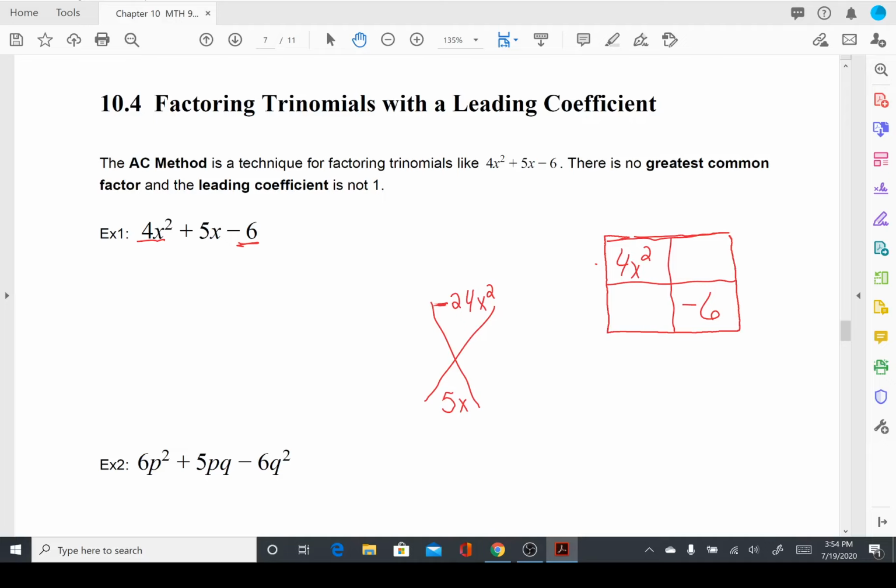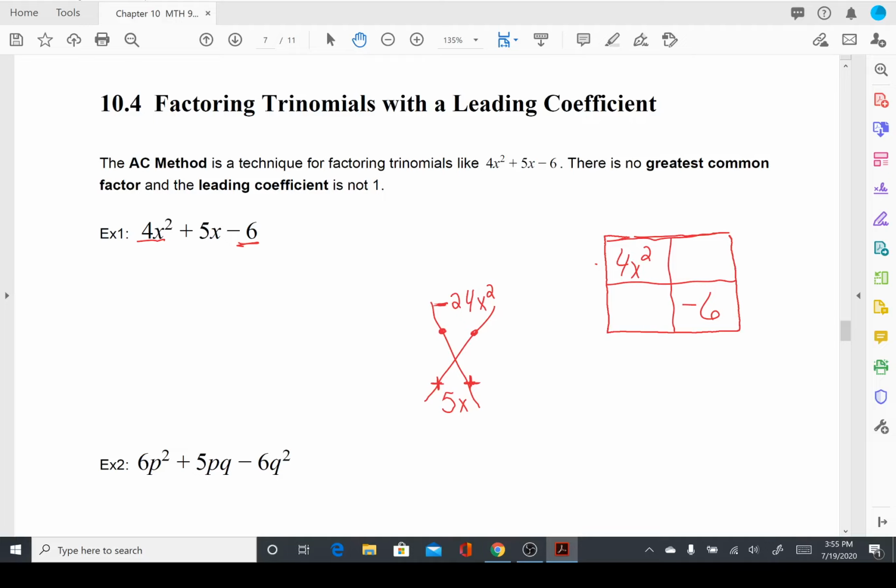And what we're trying to figure out is what terms multiply to make negative 24, but add to make 5. You don't have to think about the multiples of 4 and 6 anymore. You can just think about what numbers add to make 5, but multiply to make negative 24.